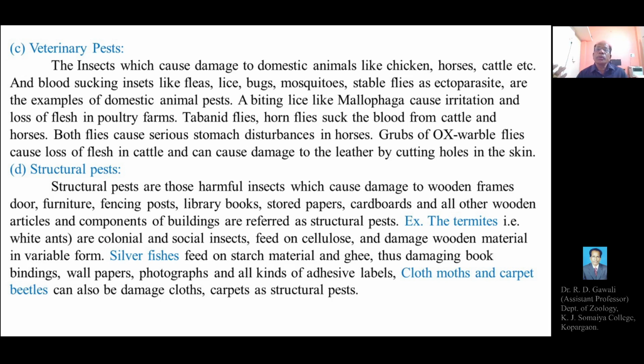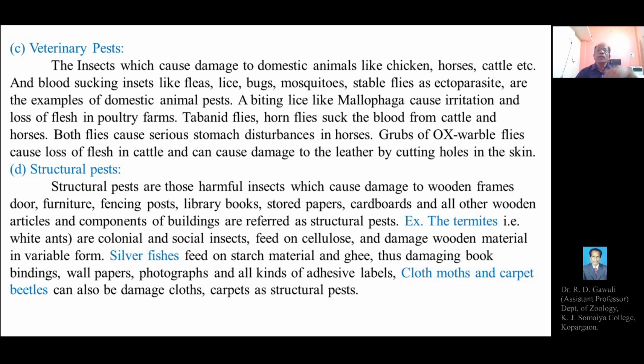Then grubs or larvae of the ox warble flies cause loss of flesh in cattle and can cause damage to the leather by cutting holes in the skin.